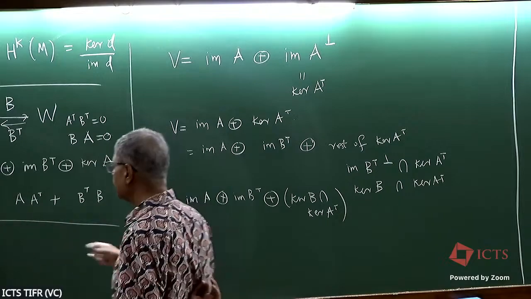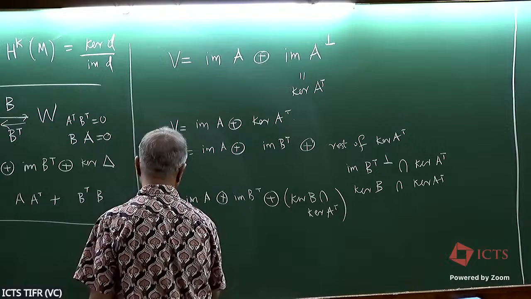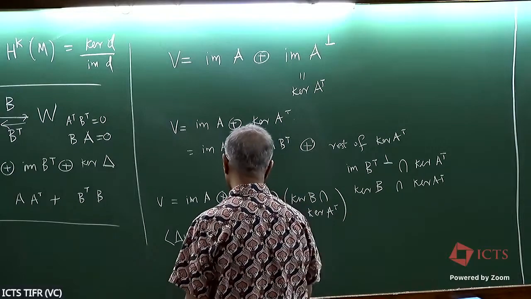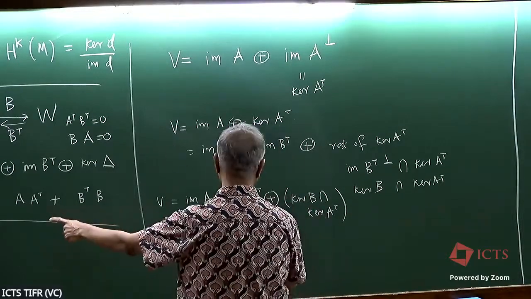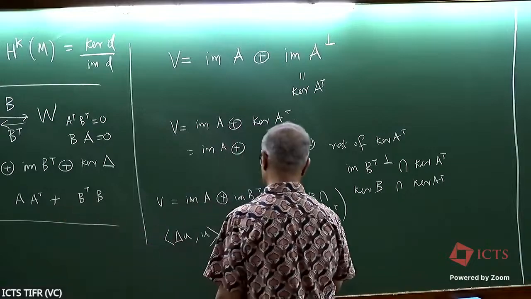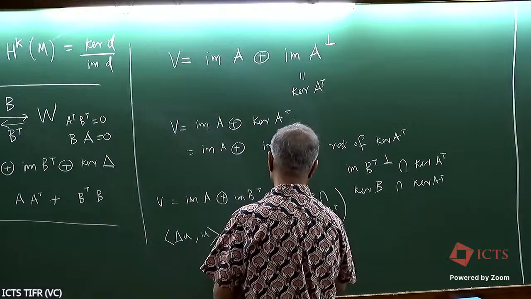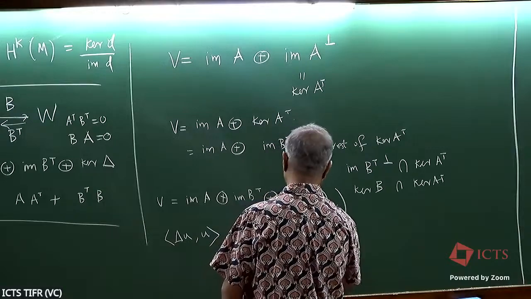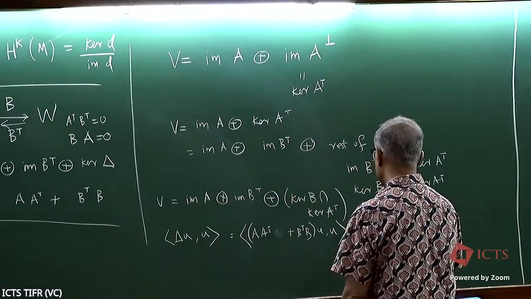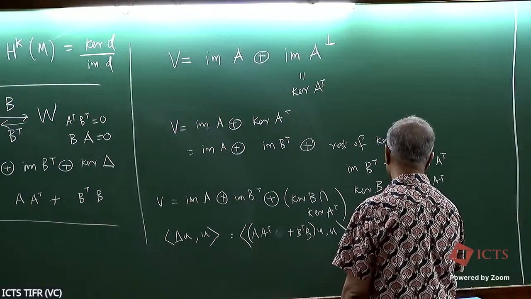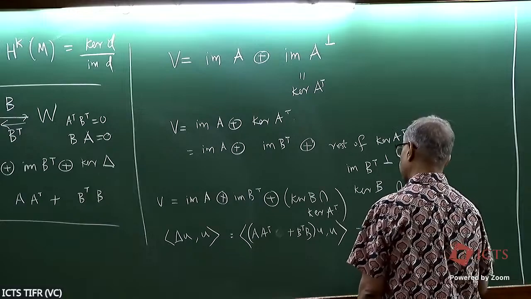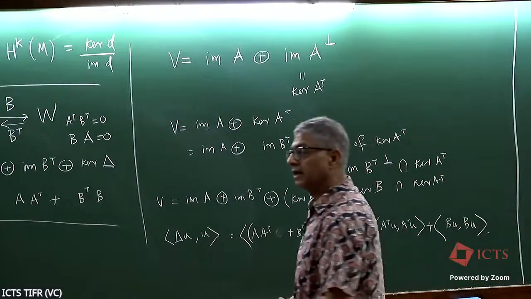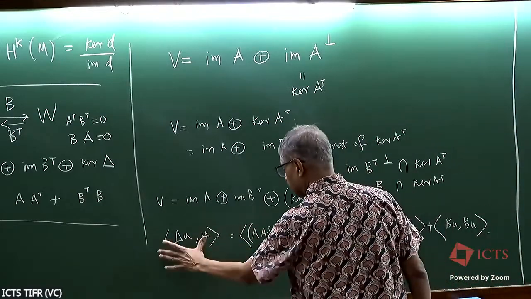To see the reverse, let's take something in the kernel of the Laplacian, and take its inner product with U. So the Laplacian is A transpose plus B transpose B applied to U. So this is A transpose U dot A transpose U plus BU dot U. So it's a sum of two squares, and if U is in the kernel, this will be 0.